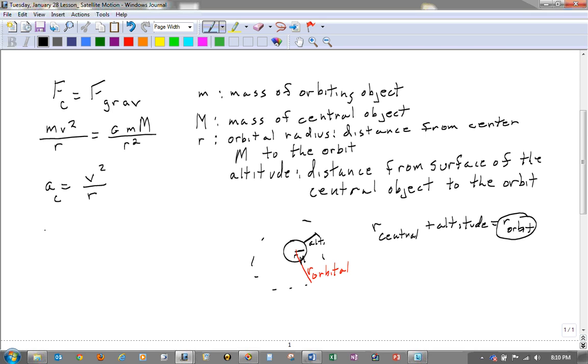We can also find the speed of an object in orbit by dividing its circumference, 2 pi r, by its period T, and notice that's a capital T because it stands for the time for one complete revolution. Now those are the basic concepts. So let's begin with developing our formulas.